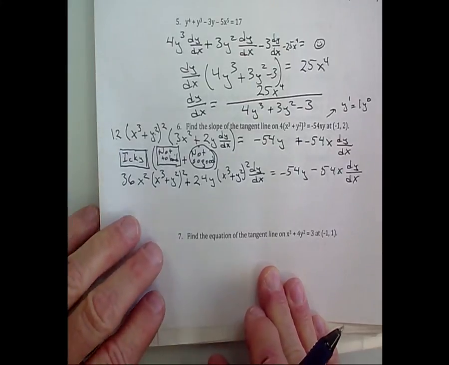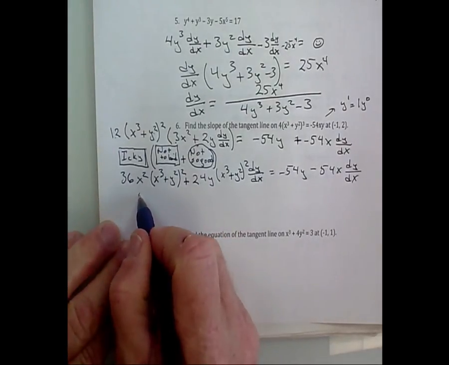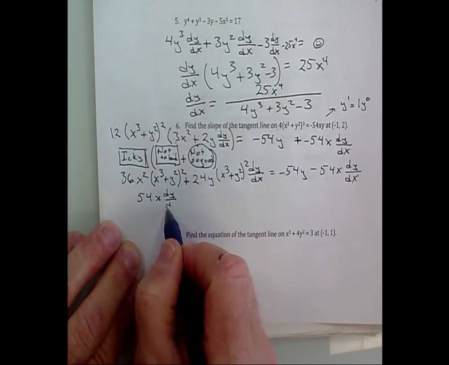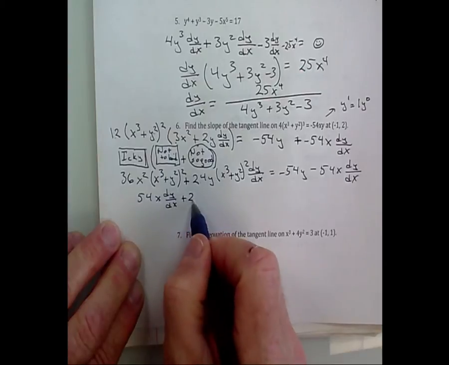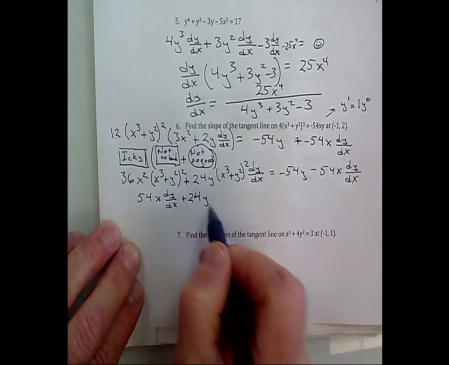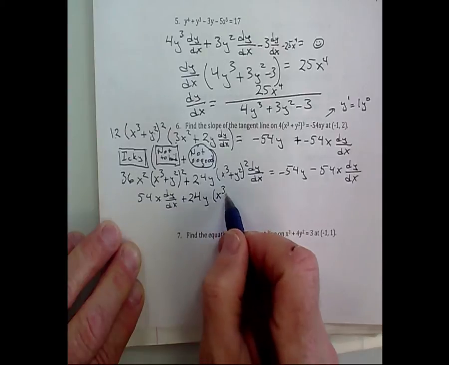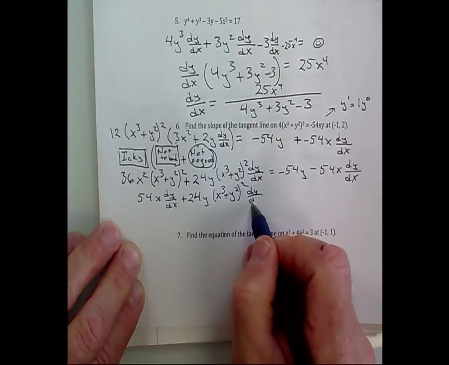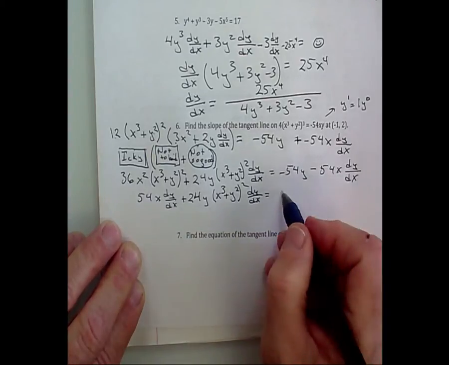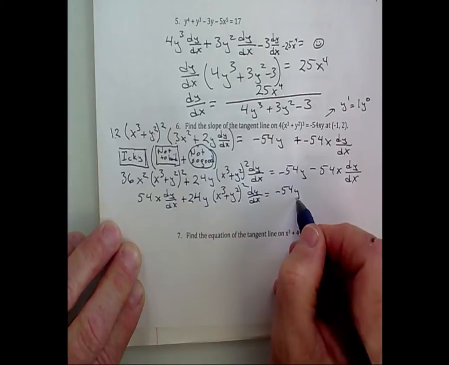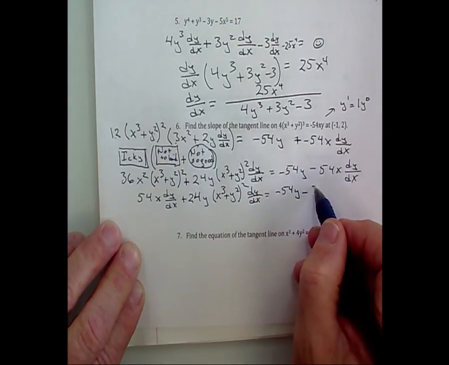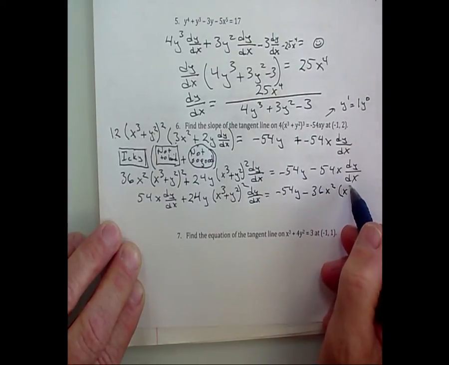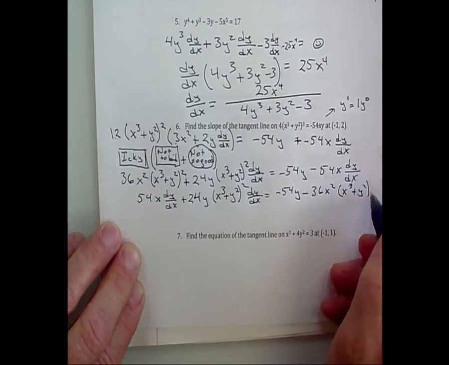So now what I'm going to have is 54x dy dx plus 24y times this god-awful thing, and why did Kruger come up with that, dy dx, equals, I still have this negative 54y on this side, but now I'm going to have a minus 36x squared, parentheses, x cubed plus y squared squared.